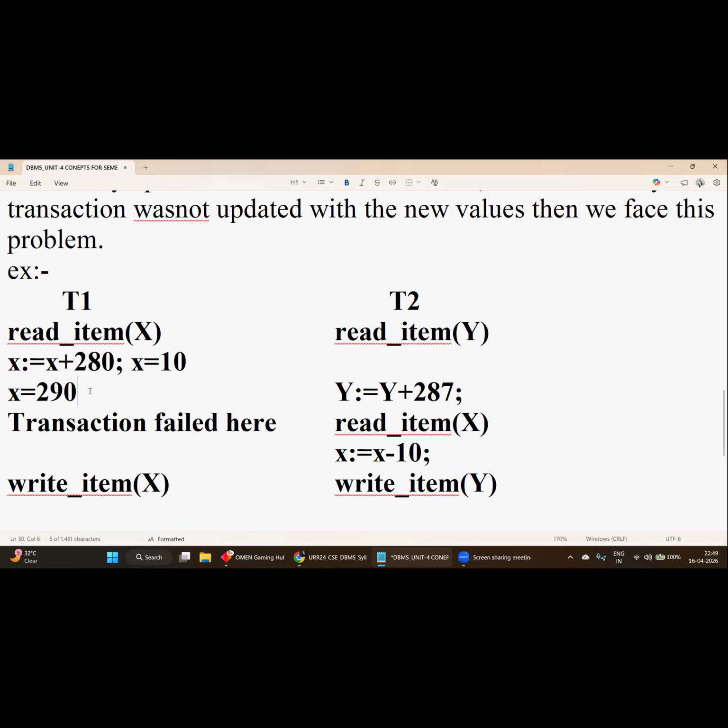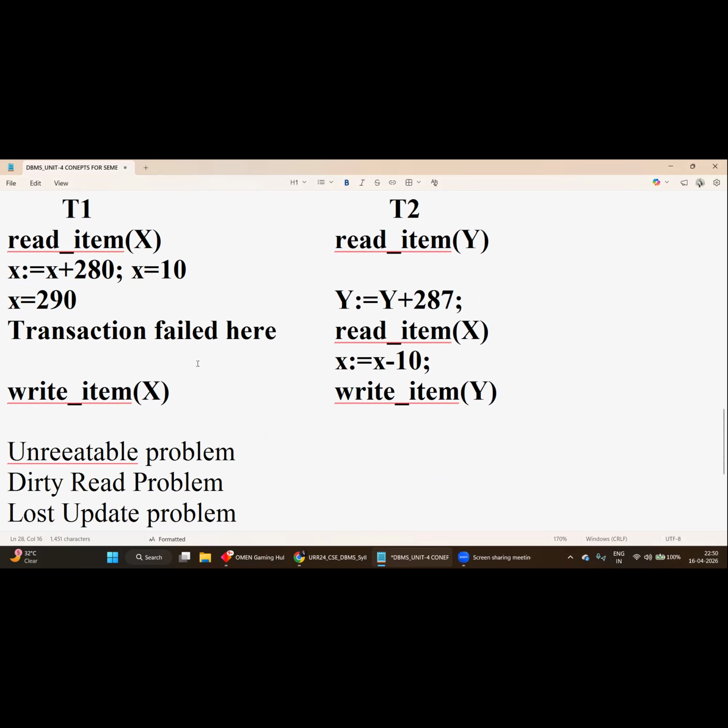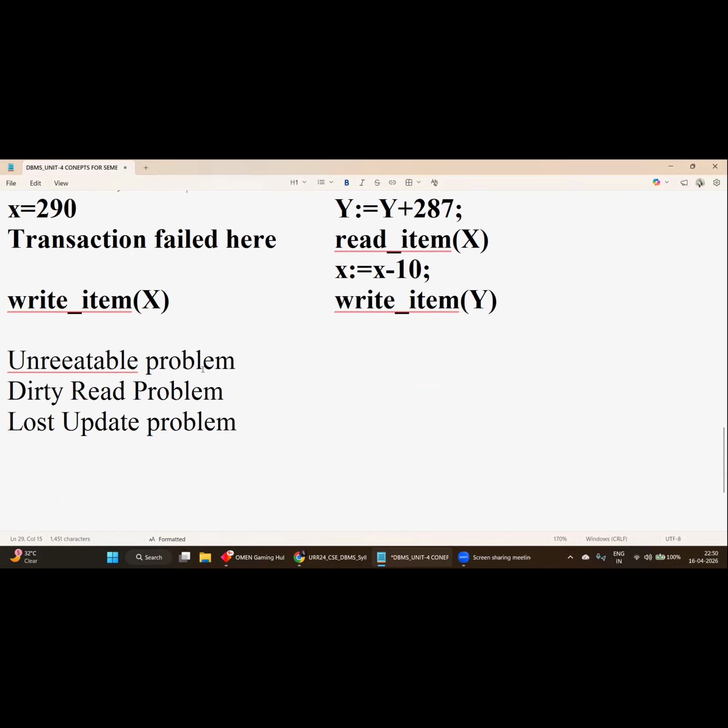The updated value was not written and it does not go in here. So here there is an incorrect summary problem. The values are showing incorrect. We know it should be 290, but it remains 10 only. This is the incorrect summary problem. That's it. Next.